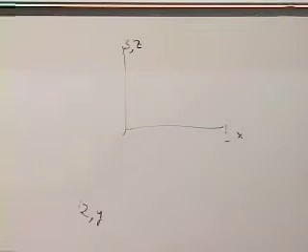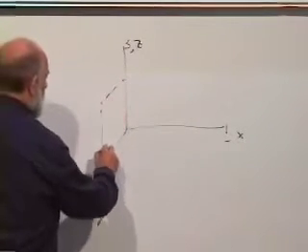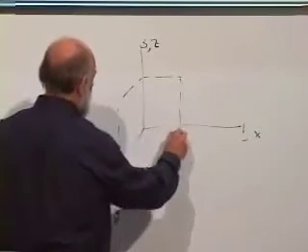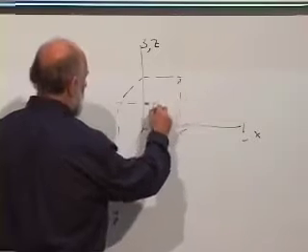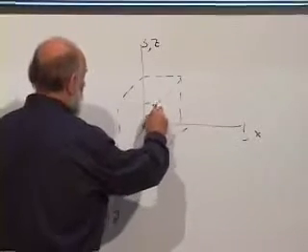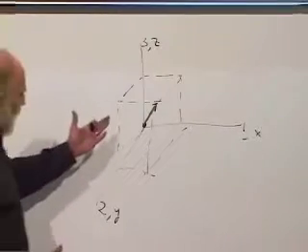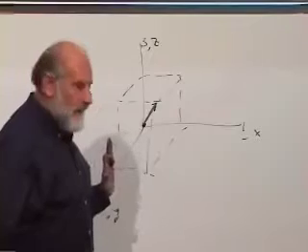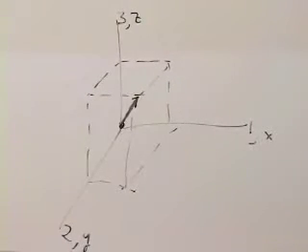And now I pick some arbitrary pointer, pointing along that direction. Let's take it to be a unit vector, which means it's 1 unit in length. It's described by a set of 3 components. The sum of the squares of the components has to add up to 1.